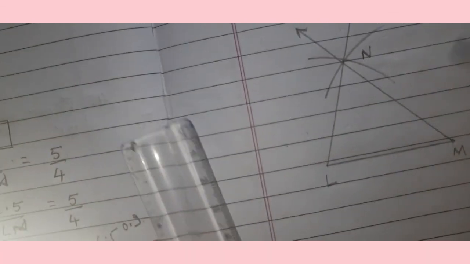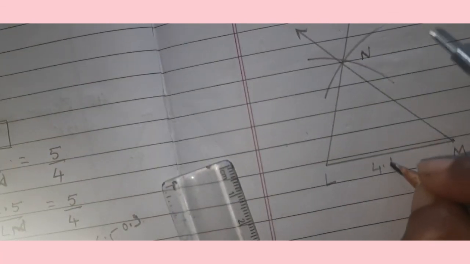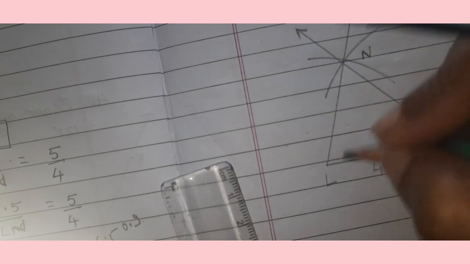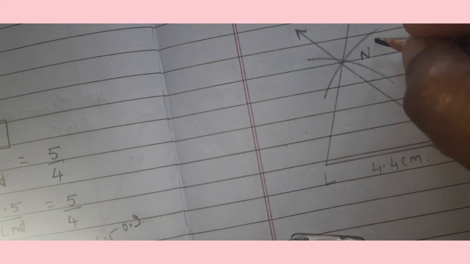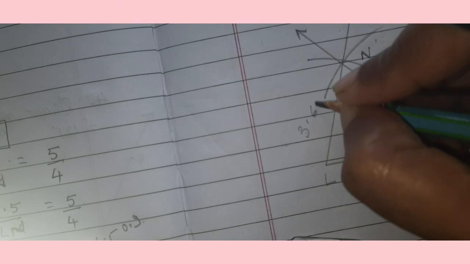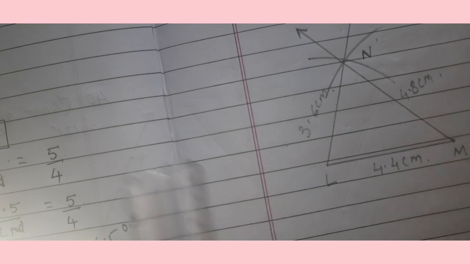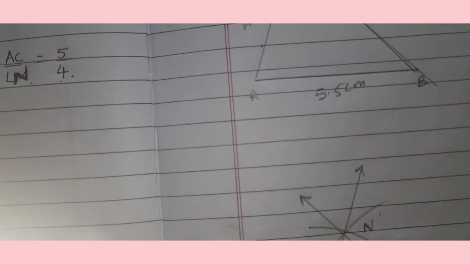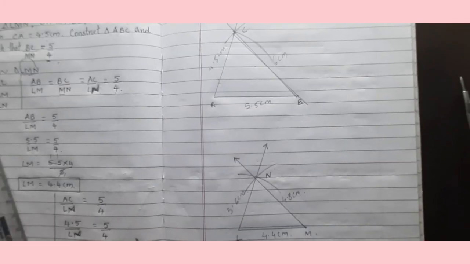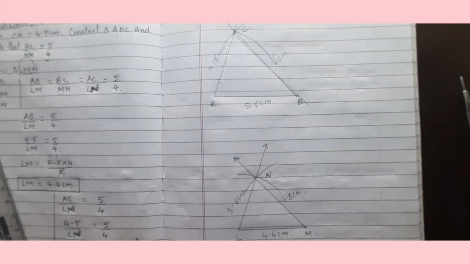Similarly, the length of LM is 4.4 centimeter, LN is 3.6 centimeter and MN is 4.8 centimeter. So this is the construction of two triangles. In this way, you will get the figure of two triangles. So these are the two similar triangles that we were supposed to draw. Now we move on to the next construction.